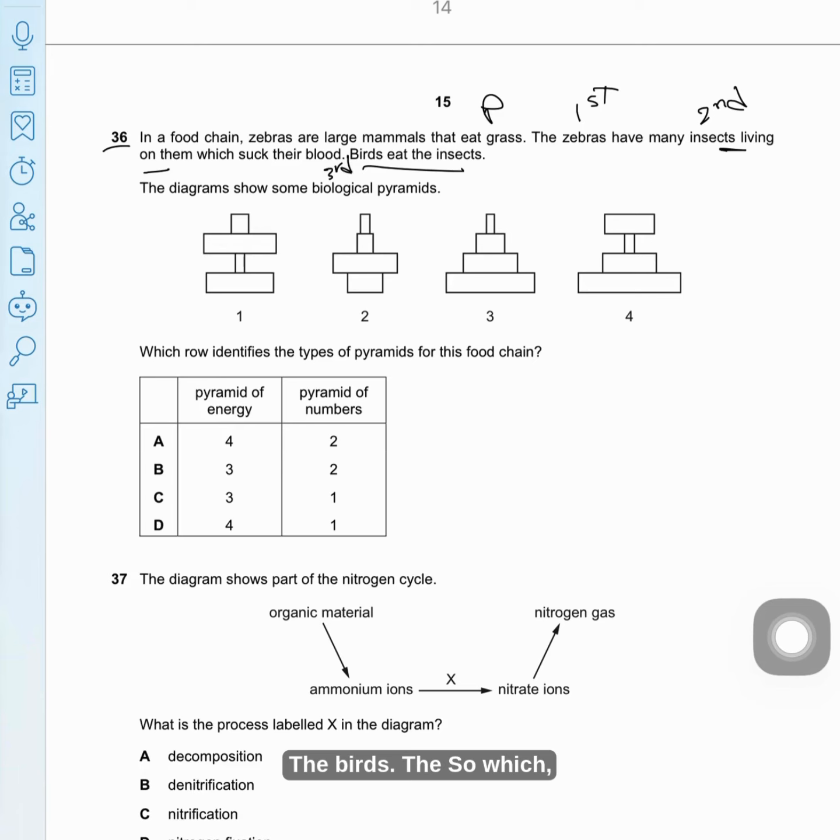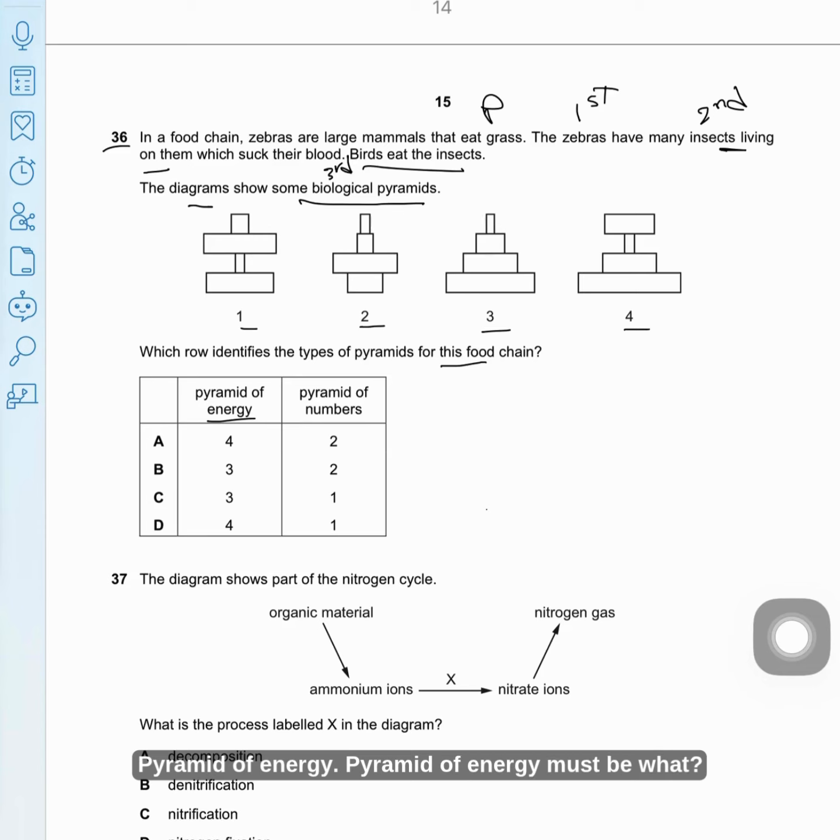The birds. So, the diagram shows some biological pyramids, as you can see. Pyramid 1, 2, 3, and 4. Which row identifies the type of pyramids for this food chain? Pyramid of energy. Pyramid of energy must be what? A pyramid shape. So it's always what? 3. So my answer may be B, maybe C.